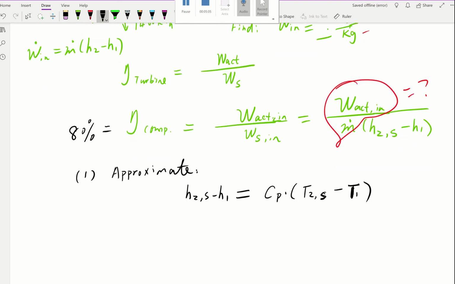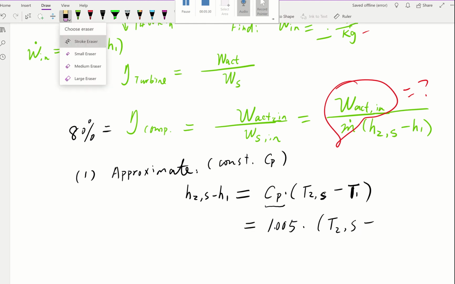Now let's think about Cp. Here we approximate. Why? Because we assume constant specific heat, constant Cp. And our Cp for air is 1.005. Then we just need to figure out T2s minus T1. And we do know T1.